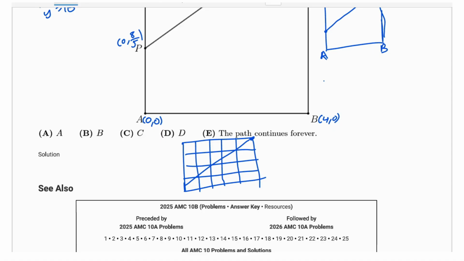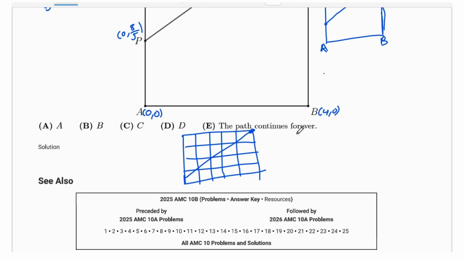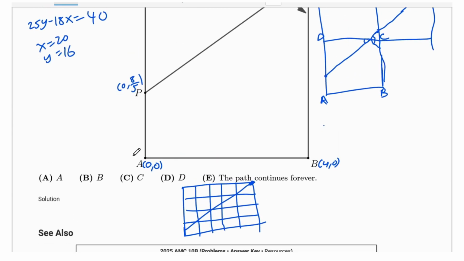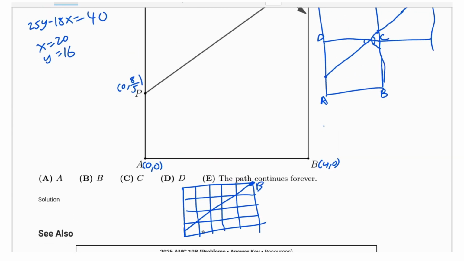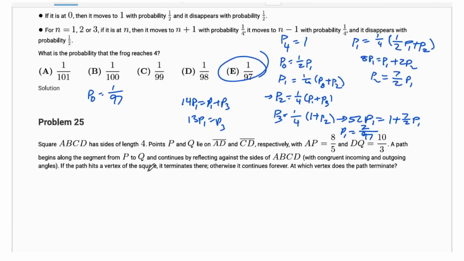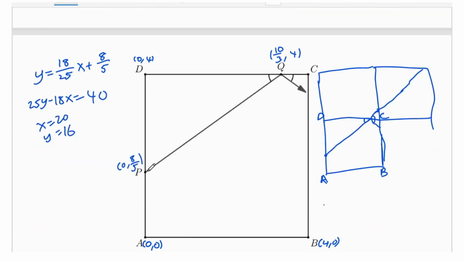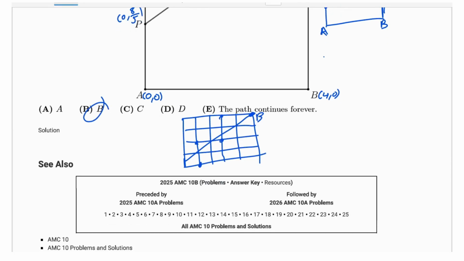But it never intersects any of these points, so my diagram is kind of off. The first intersection is over here, and we just count reflections, and so this is equal to point P, so you can just start reflecting. So B is over here, B is over here, B is over here, B is over here, and then B is over here, right? And so our final point where the path ends would be at vertex B, and so our answer is B.